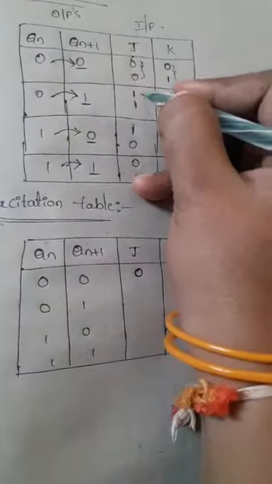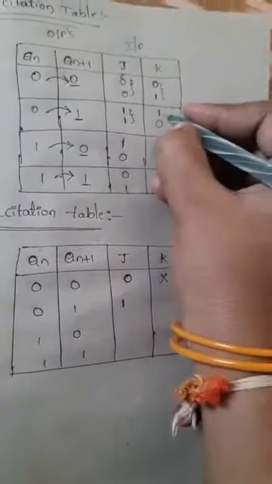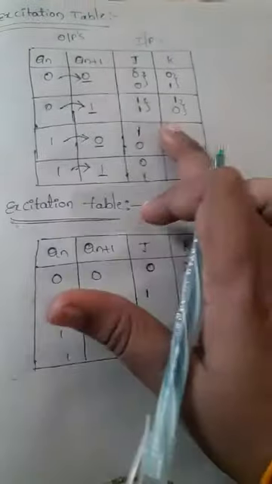Okay, so like this in the second case, for 0 1 this will be 1 and this will be 1 0 again, so both are different, so you can consider don't care. Now the third case, 1 0, again both are different values, so we take it as don't care, and these two values are 1 1, so we can say 1.